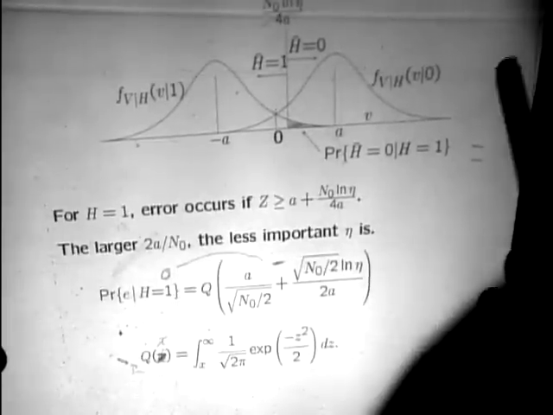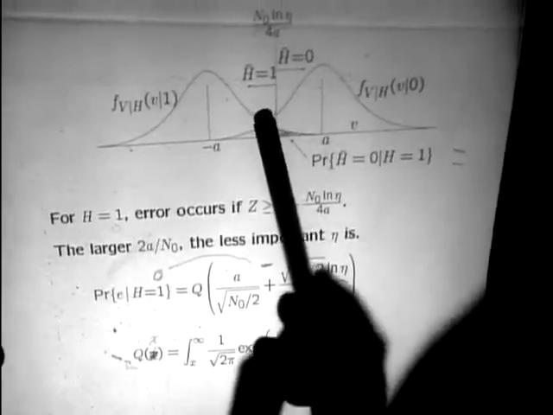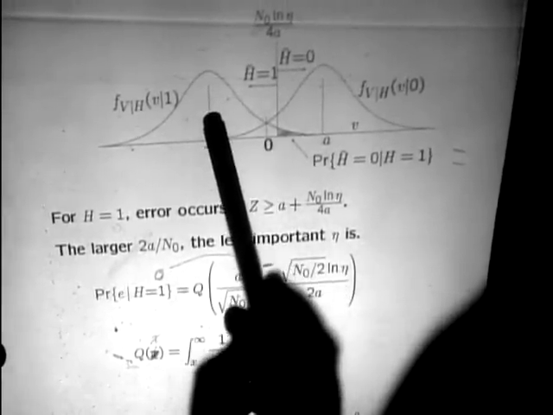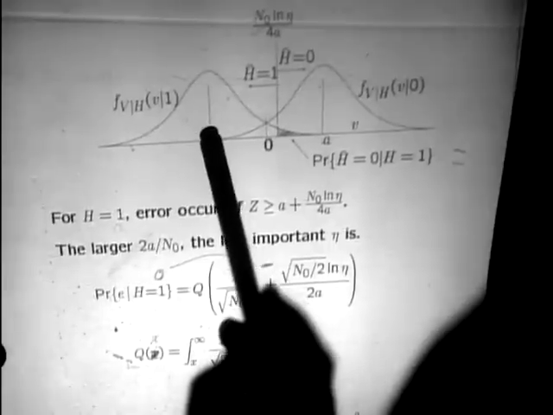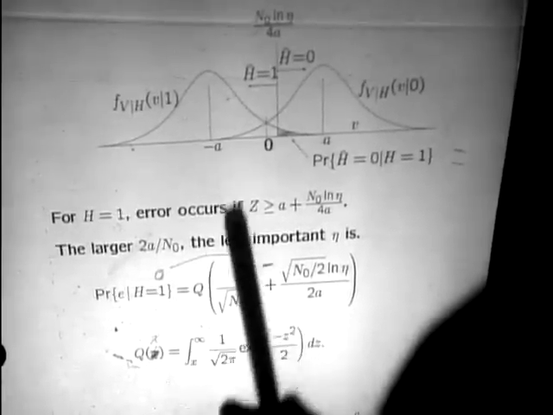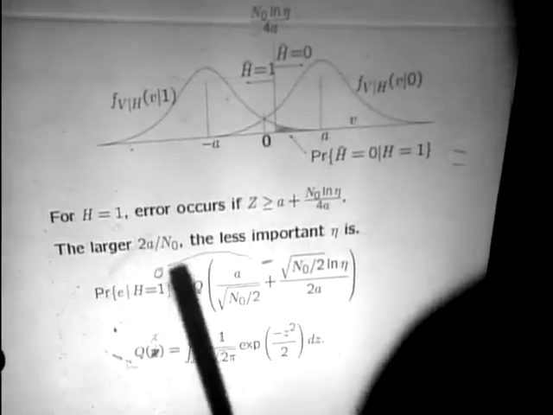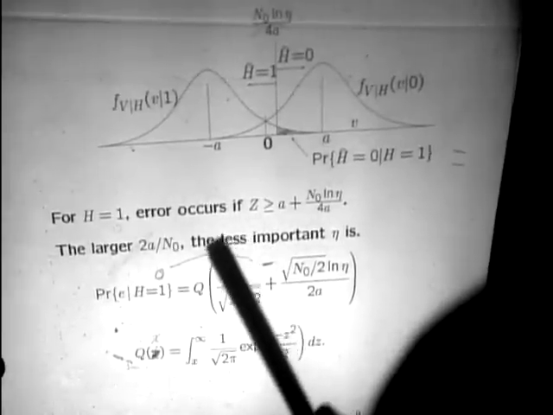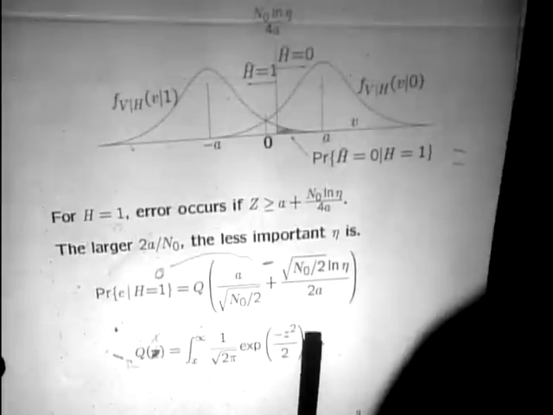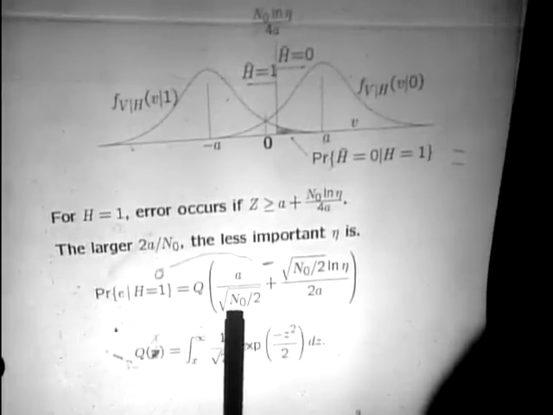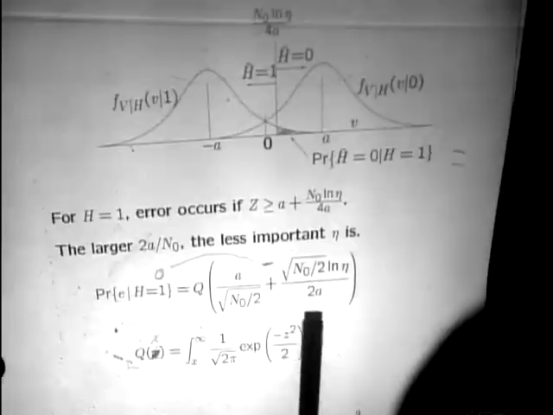If you move A way out here, you're going to have almost nothing there, and it's going to be going down very fast. It's going to be going down very fast relative to its magnitude. In other words, the bigger A gets, the bigger this difference is going to be for any given threshold. And that's why you get A over square root of n0 here, and here you get exactly the opposite thing.